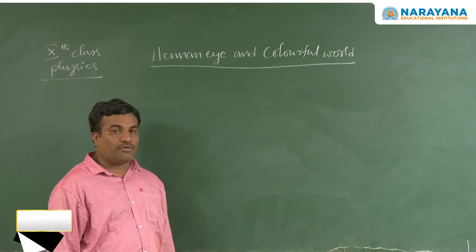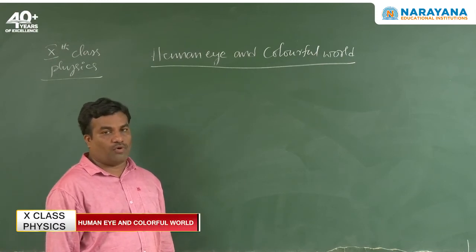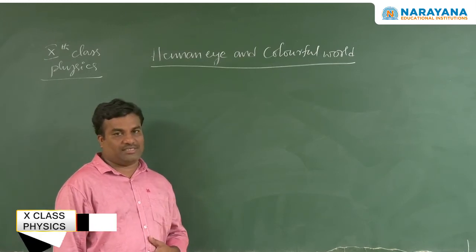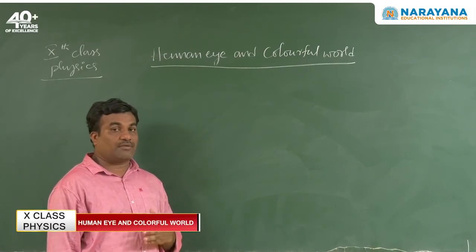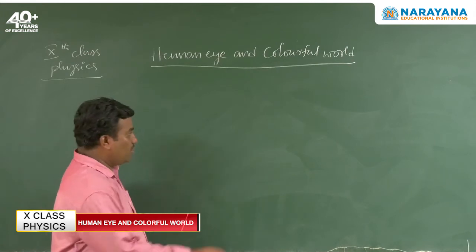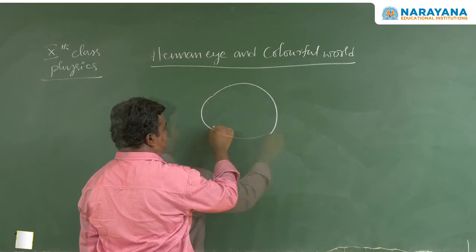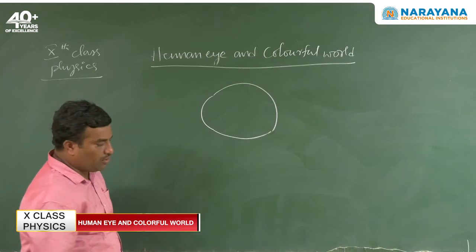When the object is placed at a long distance, or we focus on a long distance object, the ciliary muscles are relaxed, so the eye lens focal length is maximum. That's why first I am taking the long distance object.